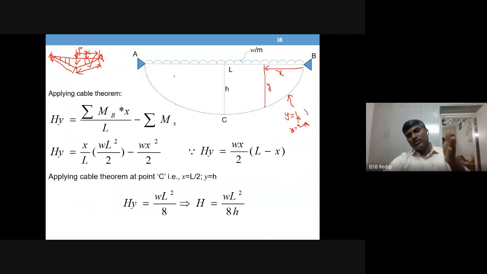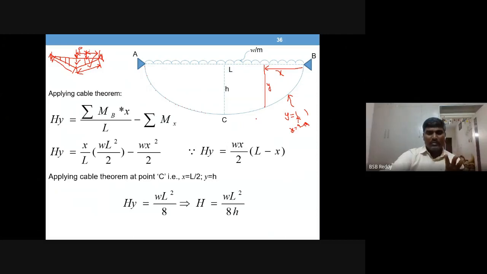So the UDL is like an infinite number of point loads if you think of it like that. So you have an infinite number of tensile forces. At each and every point the tensile force is different. So that's why we need only the maximum and minimum values, not all. Now you got my point.